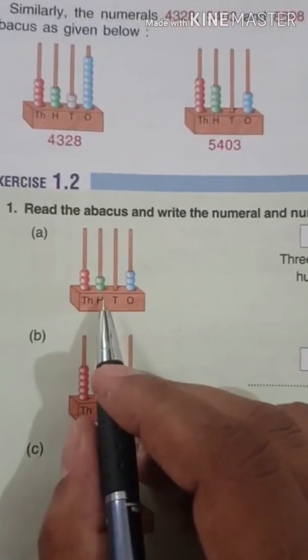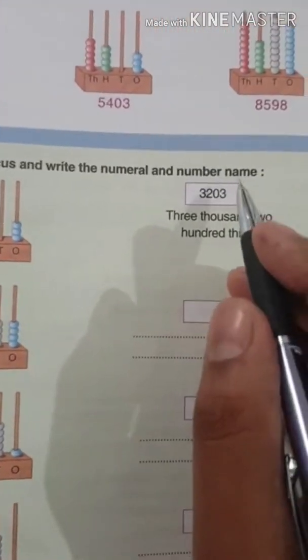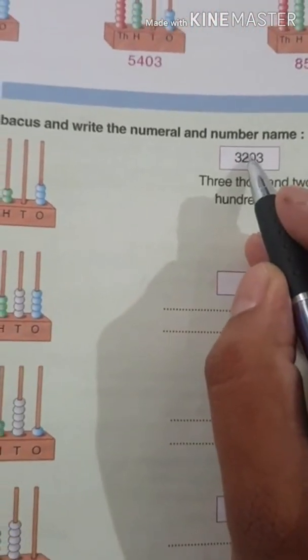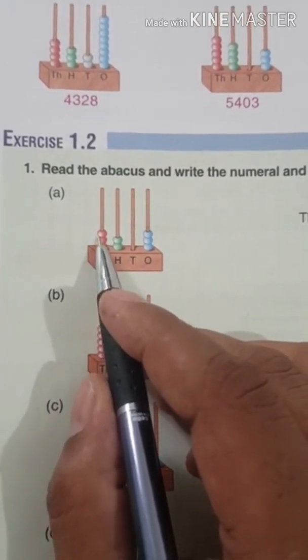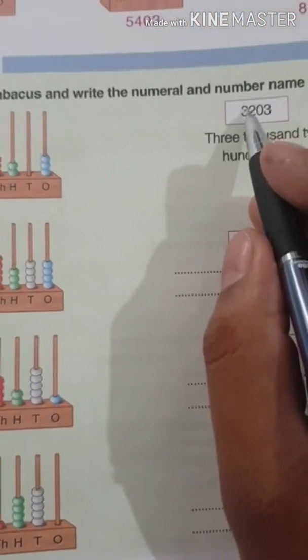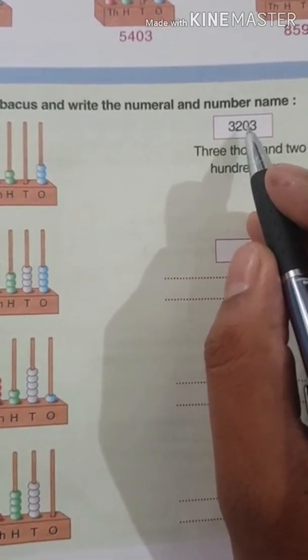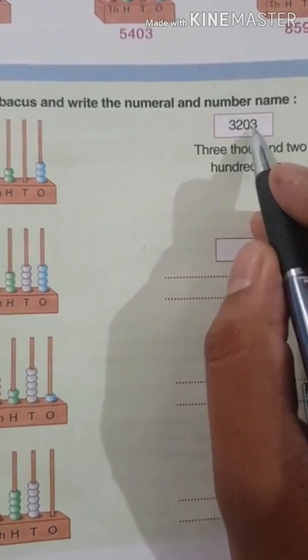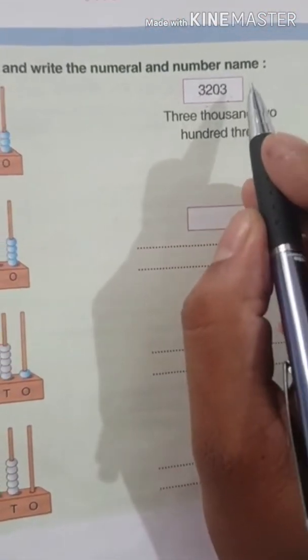In the hundreds column, 2 beads, so we write 2. Understood? In the thousands column, how many beads are there? 1, 2, 3. 3 beads, so we write 3. So 3203. Understood?